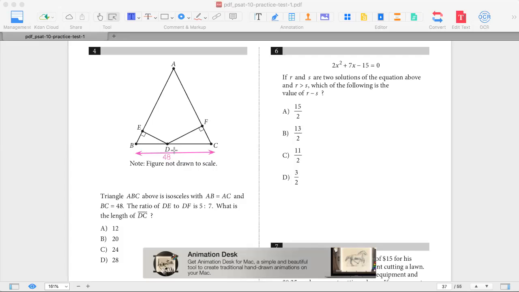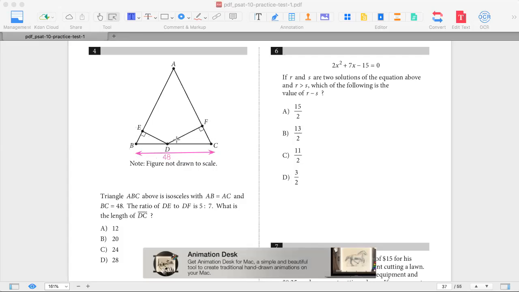Additionally, I have angle BED and angle CFD are both right angles, and therefore they are congruent.